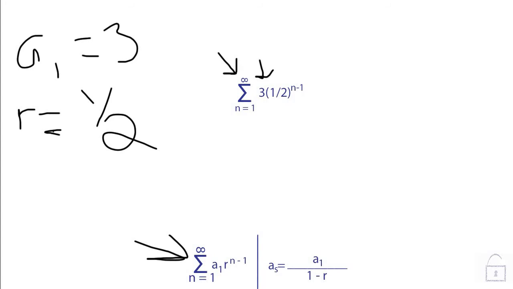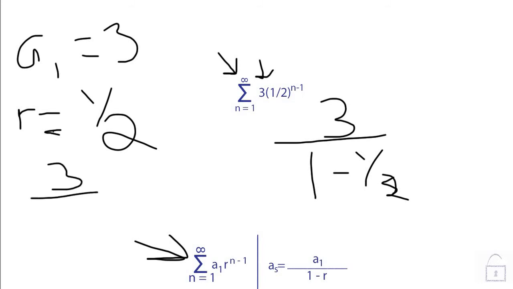Alright, so now we take our A1 value, which is going to be 3. Now we take that over 1 minus R, which is going to be 1/2. So then we get 1 minus 1/2, which is going to be 1/2. So we get 3 divided by 1/2.